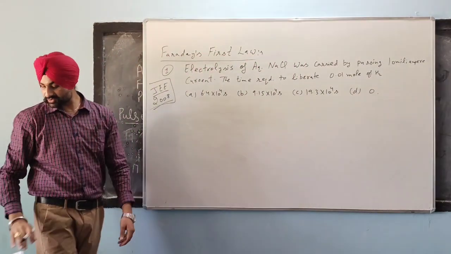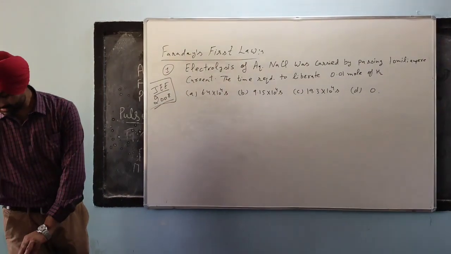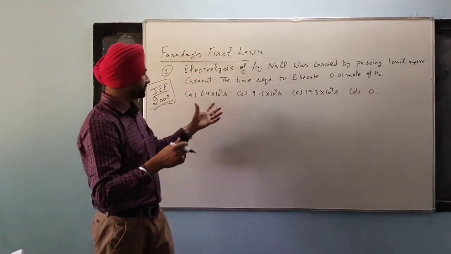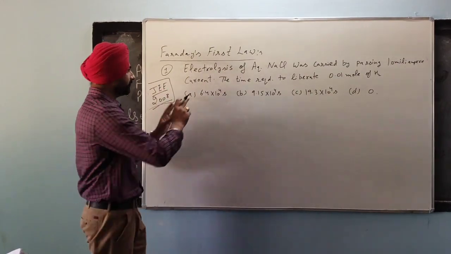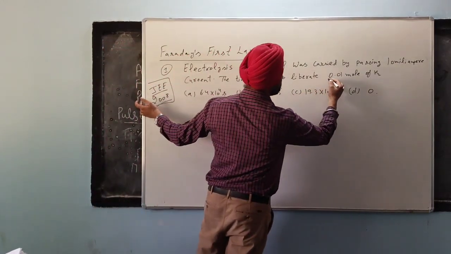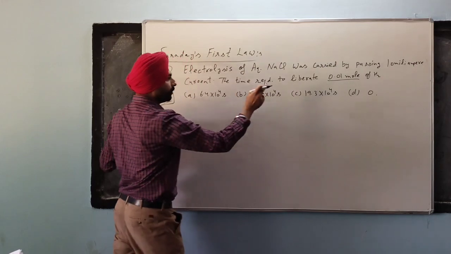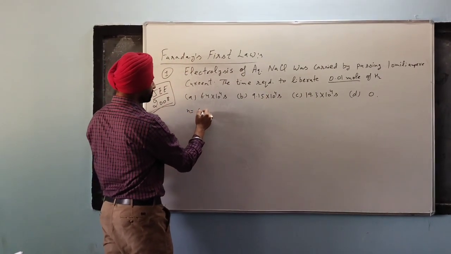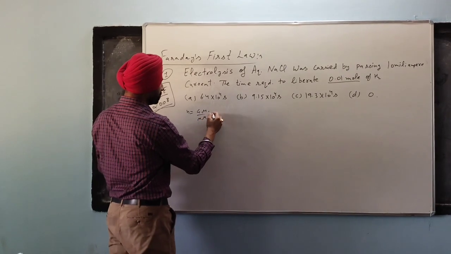We will solve this question with both methods. One is the easy method, one is the formula method. First of all, I am using the formula method. 0.01 mole of hydrogen should be liberated. Number of moles is equal to given mass upon molecular mass.